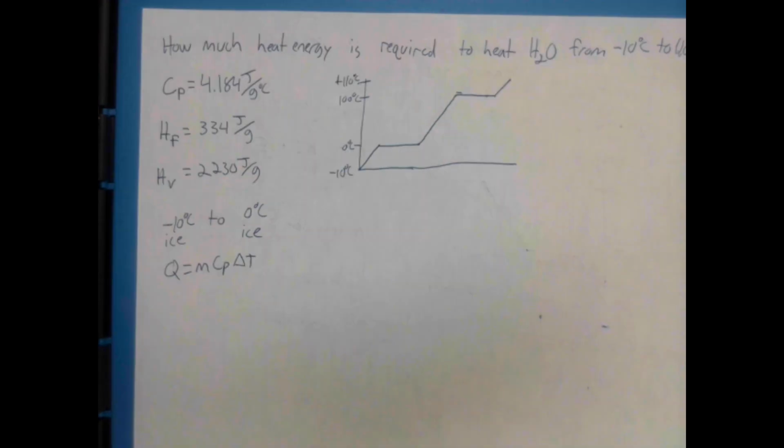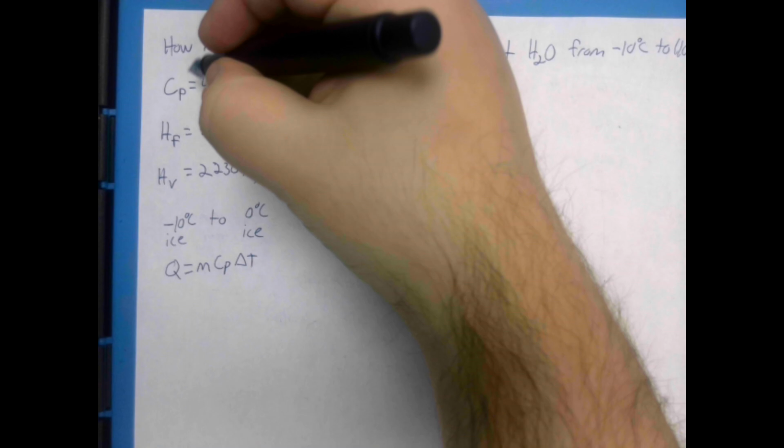Oh, and I left off some values. Specific heat. This is Cp for solid, and this is for liquid.